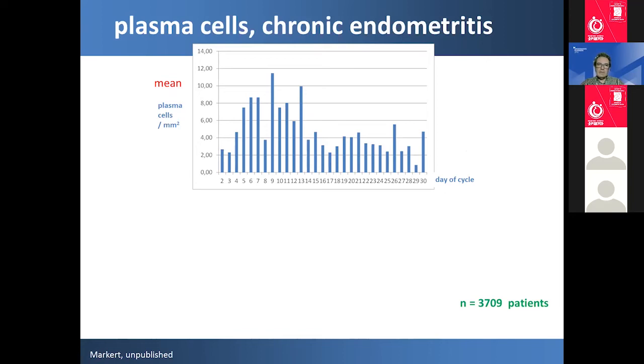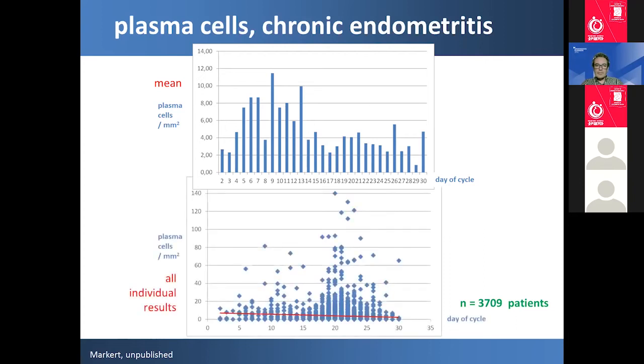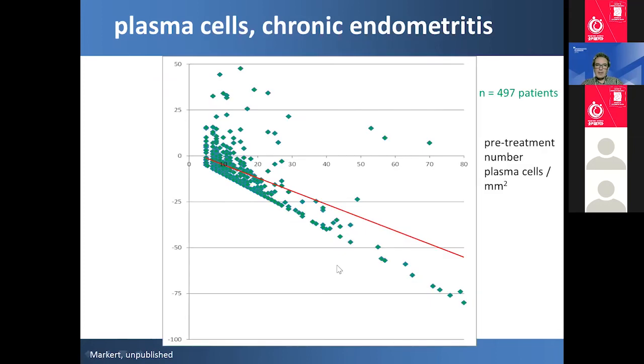And here you see that the mean number of plasma cells that we found per square millimeter is higher in the proliferative phase before ovulation than after ovulation. But there's not such a clear day-by-day dependence as for the NK cells. And this is just the distribution of all values.